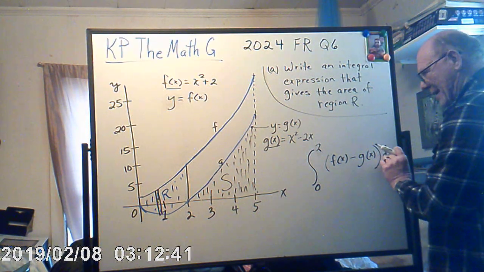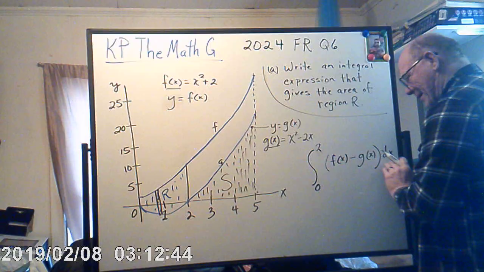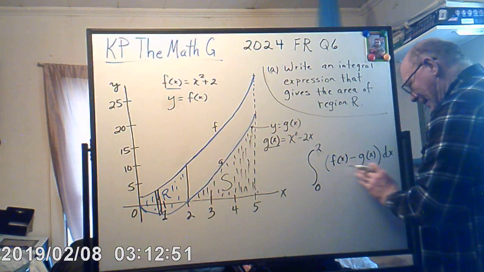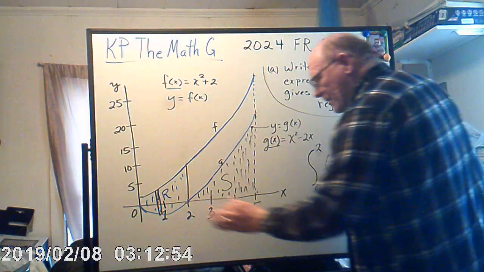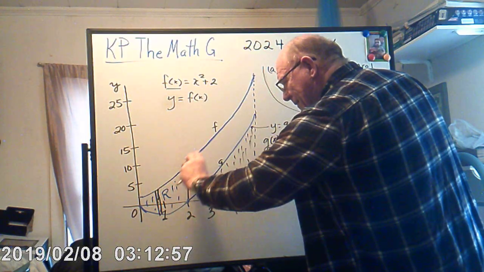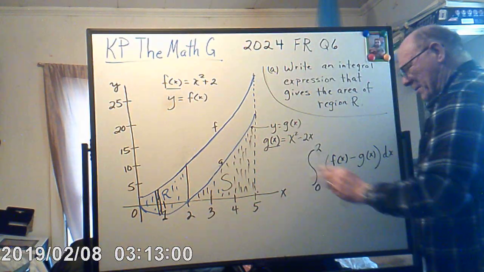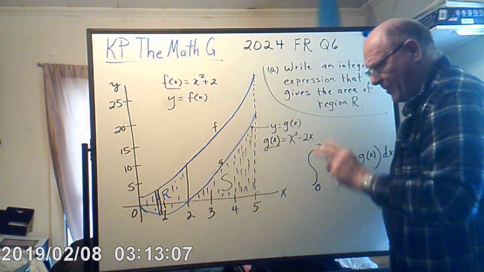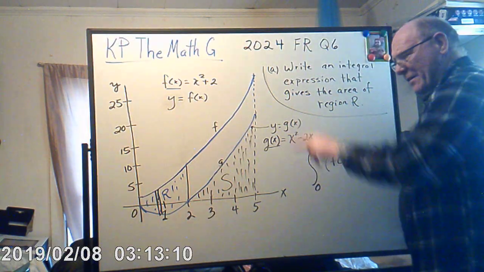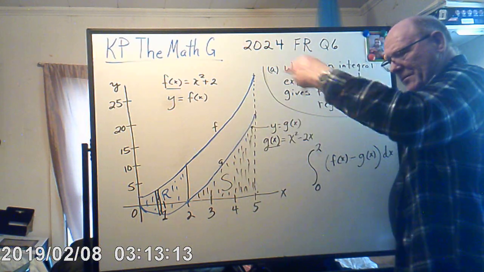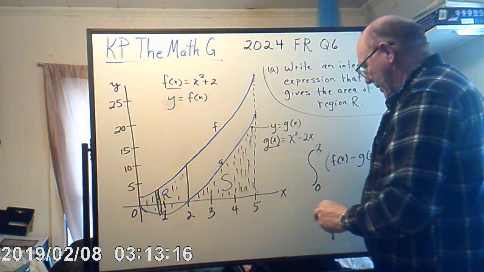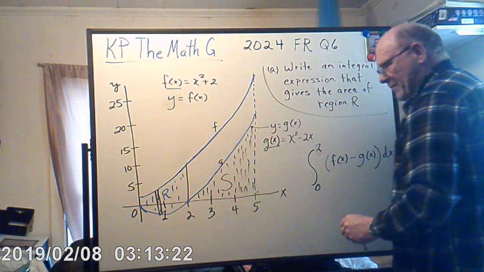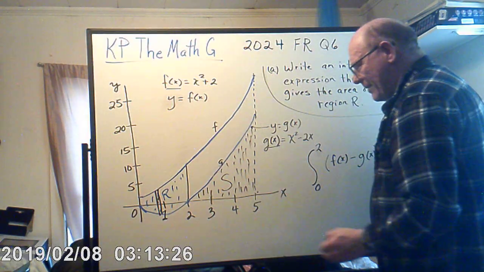Both of these are inside this region, F minus G. Simple as that. No pi goes out here. That's if you're trying to find volume, pi r squared, because you're making a circular rotation. So that is all you do for area. Make sure you have this correct from 0 to 2. That's all you have to do.